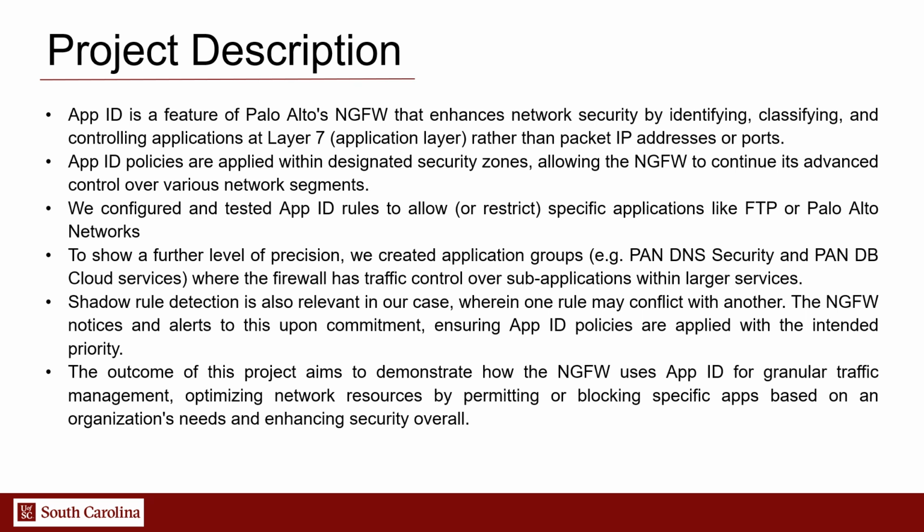We configured and tested App ID rules to manage specific applications like FTP and created application groups such as Palo Alto Networks DNS Security for granular control over sub-applications. Additionally, the NGFW detects shadow rule conflicts, ensuring policies are applied correctly. This project demonstrates how App ID optimizes traffic management and strengthens network security by allowing or blocking applications based on organizational needs.